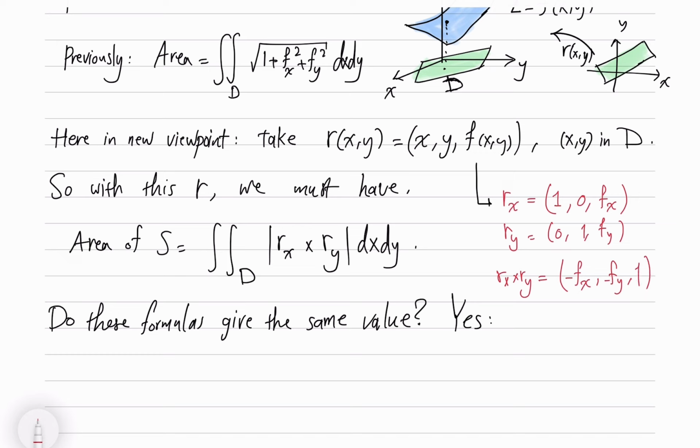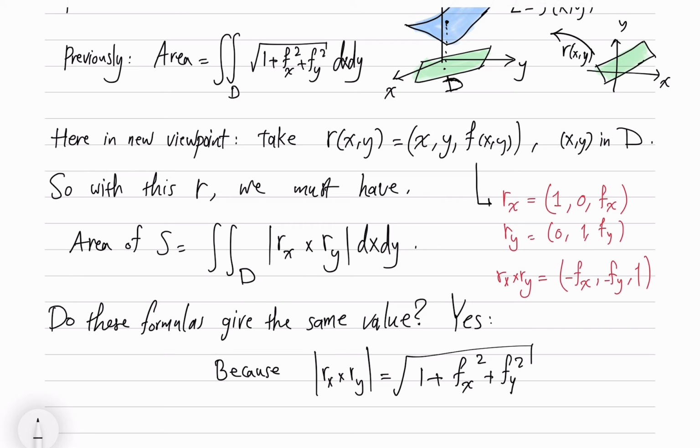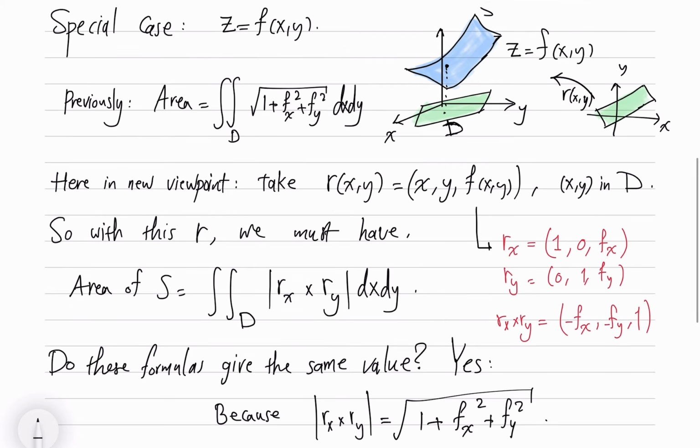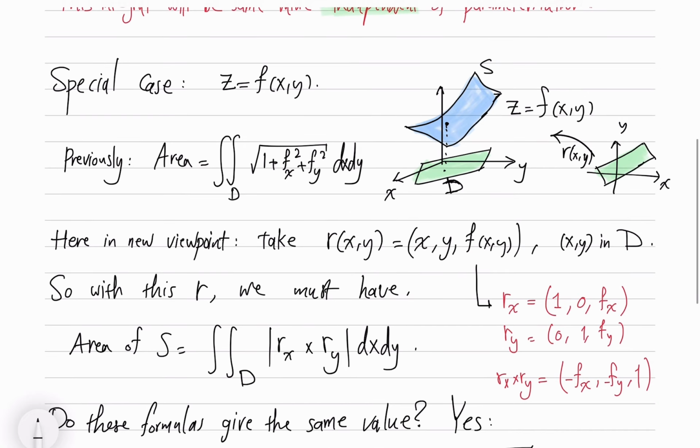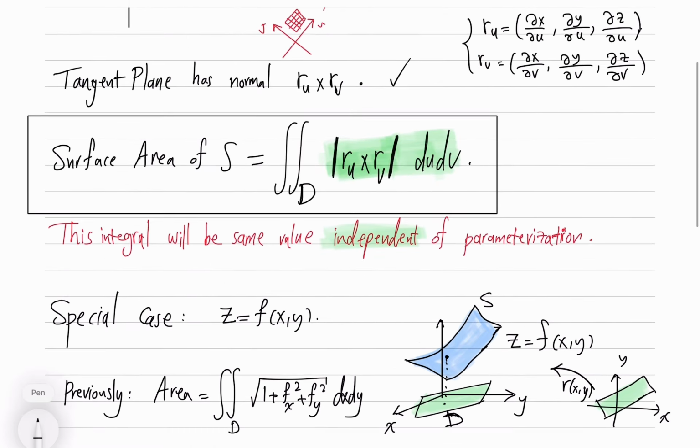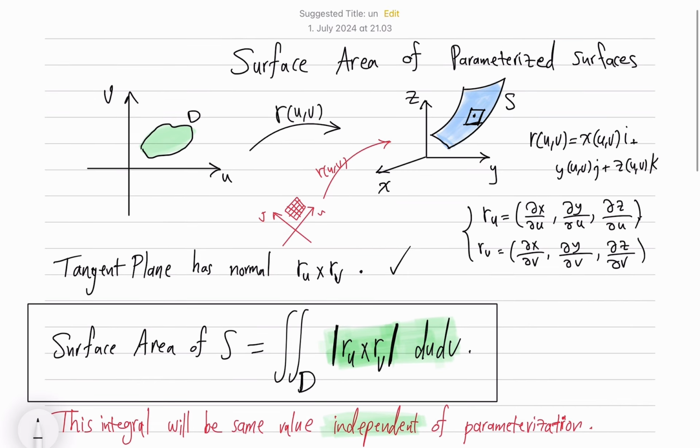And now once I take the norm, the answer is yes, because the norm of r_x cross r_y is exactly the square root of 1 plus f_x to the power 2 plus f_y to the power 2. So you see that the two formulas are reconciled. They both, in fact, give the same quantity. So this is the formula if you have the surface given as a graph of a function of two variables. And this is the more general formula for any parameterization.